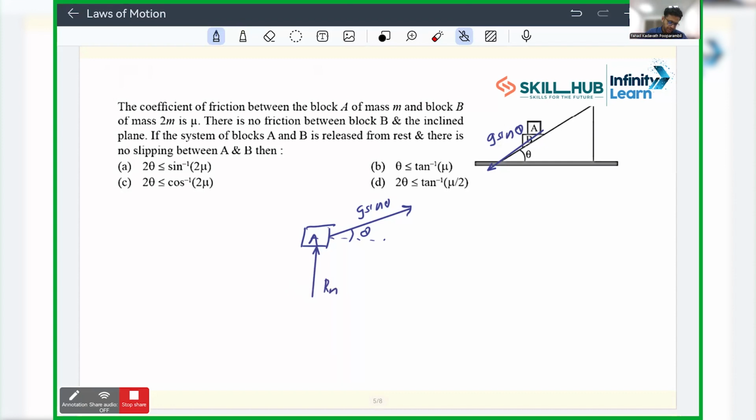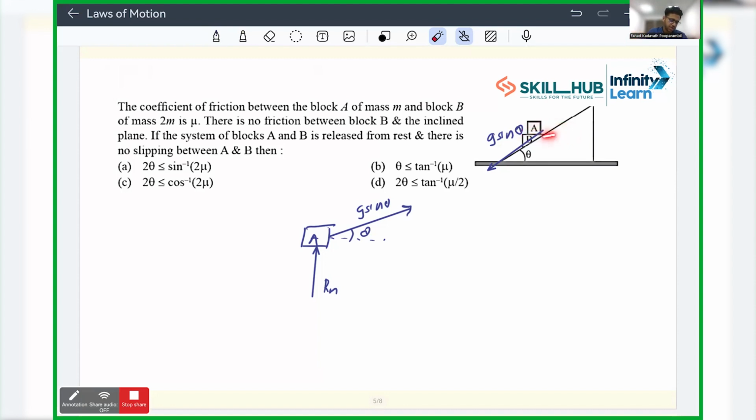Then frictional force would be there. For the frictional force direction, we can just think: if at all this body slips, it would be slipping towards right, because the body B is moving downward with an acceleration. That means towards left it is moving. Because of the inertia, the body would be slipping towards right.